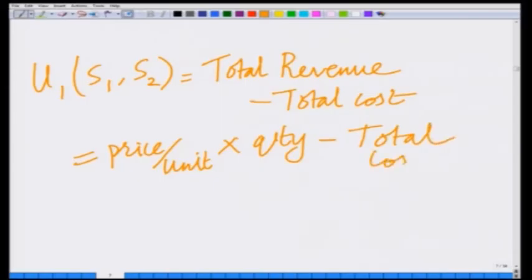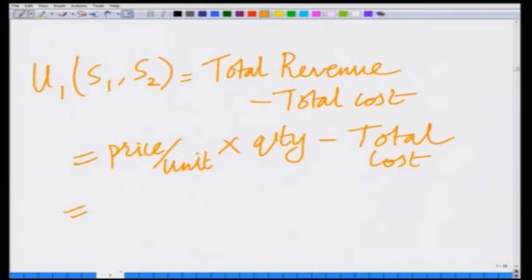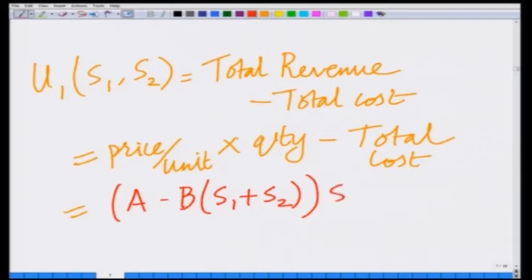We have already seen that the price per unit is A minus B times S1 plus S2, so this is A minus B times S1 plus S2 into the quantity S1 minus the total cost, which is C times S1.